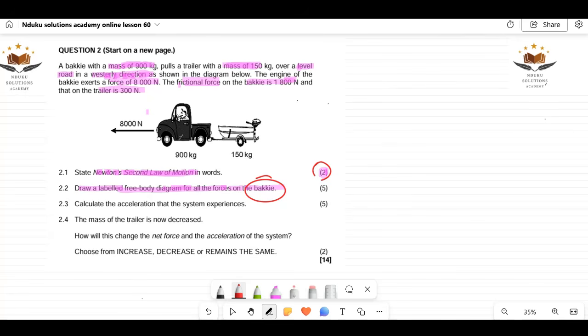So let's take a look at what we have. We have a free body diagram on the bucky.